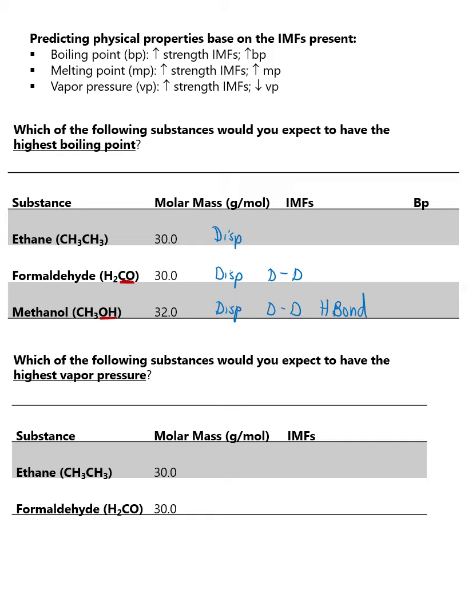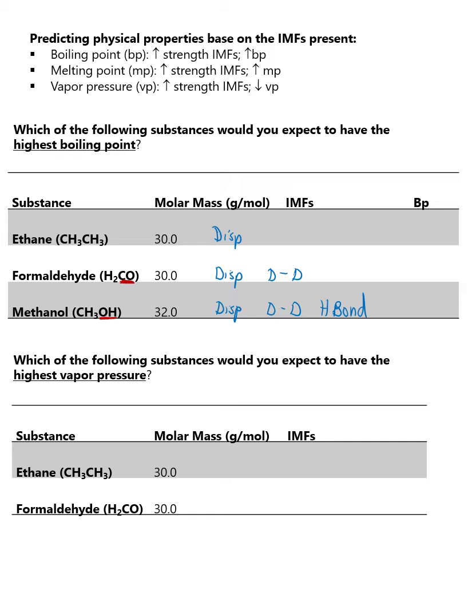Ethane is the compound here out of the three with the weakest intermolecular forces. It's only dispersion. Methanol out of the three is the compound with the strongest intermolecular forces, because for that one you have dispersion, dipole-dipole, and also hydrogen bonds.